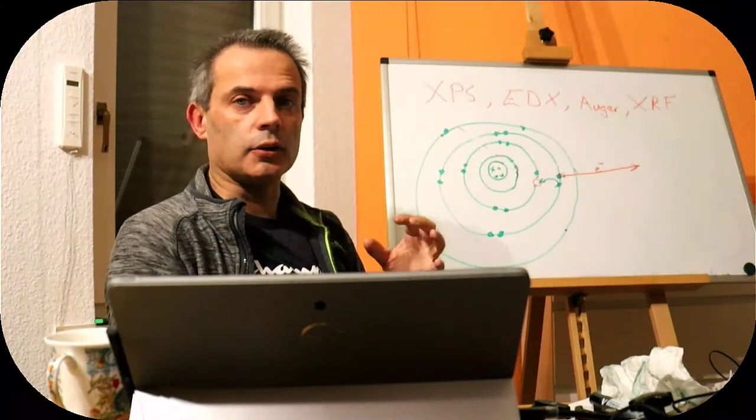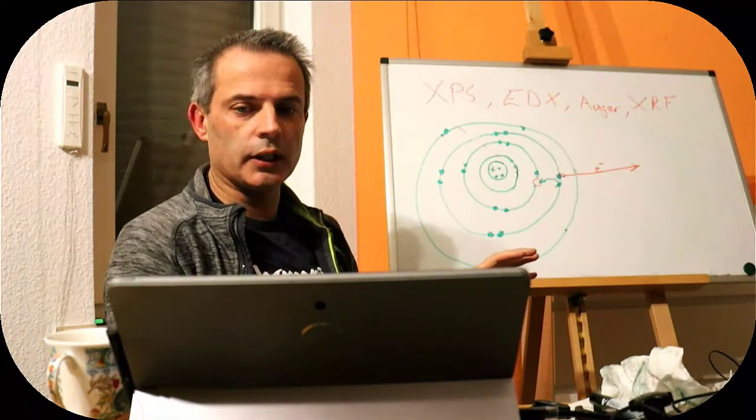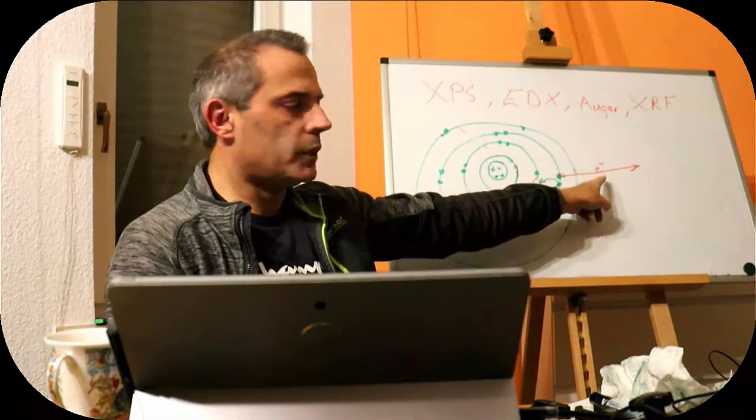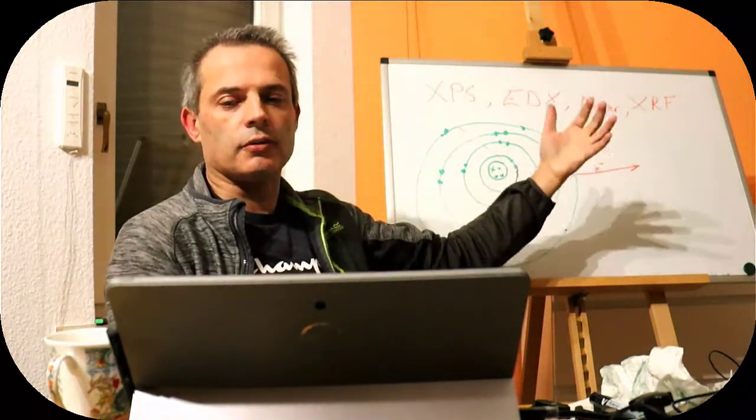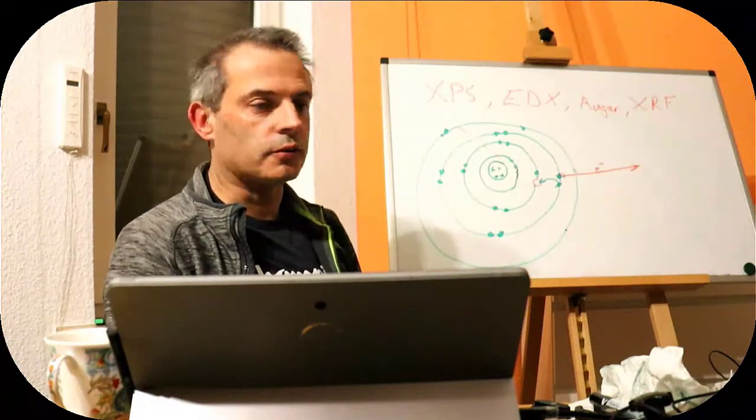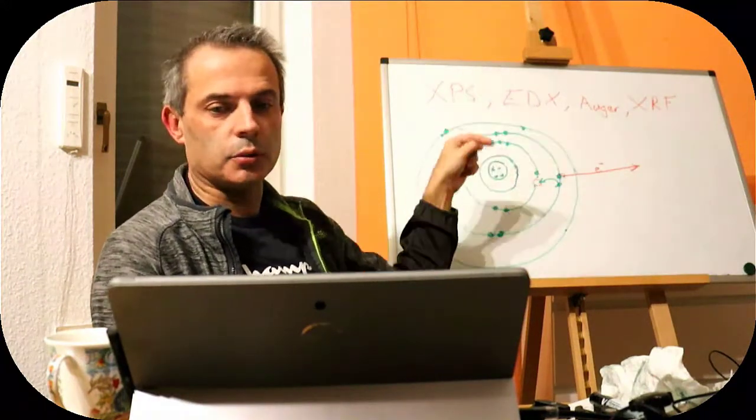All of these techniques are good for identifying what atom we're looking at. They have different strengths and weaknesses. This would be the Auger electron, and obviously if we're looking at an electron coming out, there are issues involved if we use an electron beam to excite it.